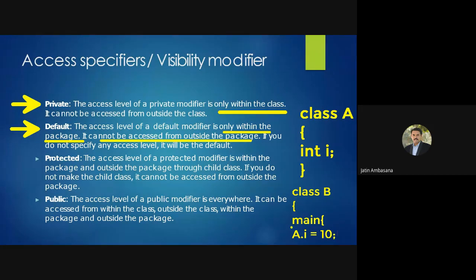If this B class wants to make use of this instance variable i of class A, then it needs to be in the same package. Both the classes need to be in the same folder. As simple as that, right?